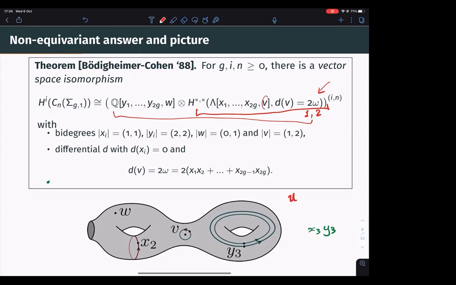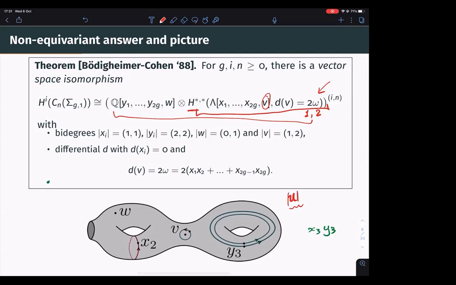Just like here, V was a generator before you take this homology, but when you take homology, V dies, so there's no actual class V. In the case of closed surfaces, U is another generator that is the class of one particle moving along the whole surface.